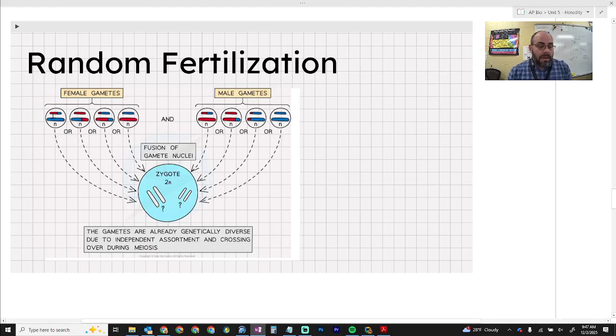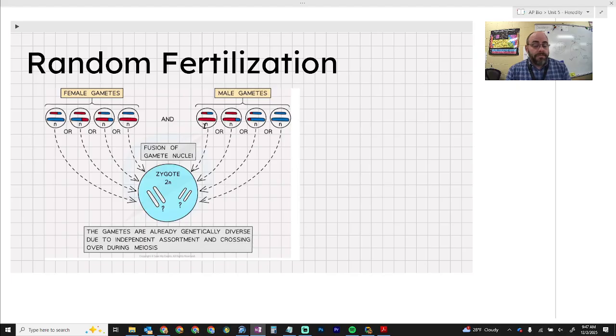But the idea is that gamete 1 has an equal chance to combine with any of these 4, right? It's random. Gamete 1 is not predisposed to combine with gamete 1 over here. There's no reason that gamete 1 and gamete 1 are supposed to match up, or gamete 2 and gamete 2.